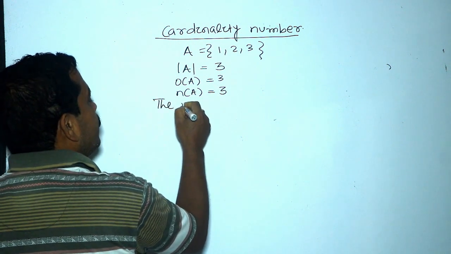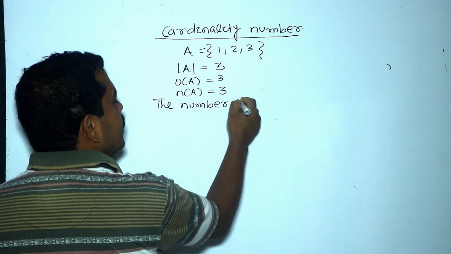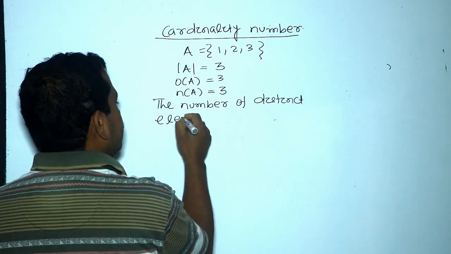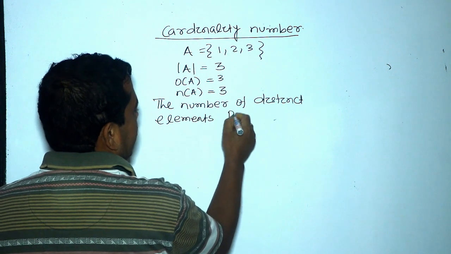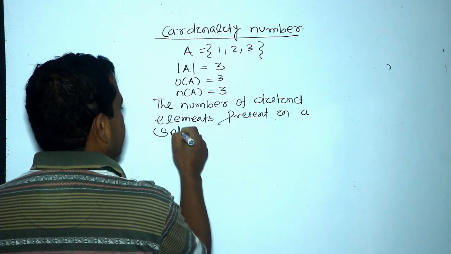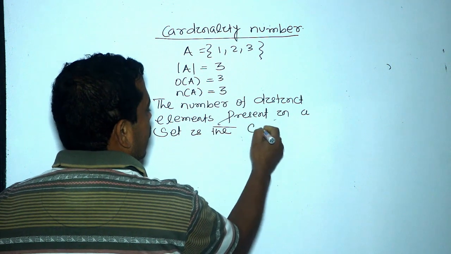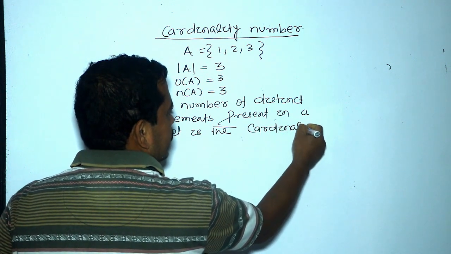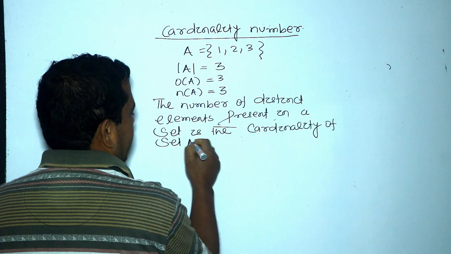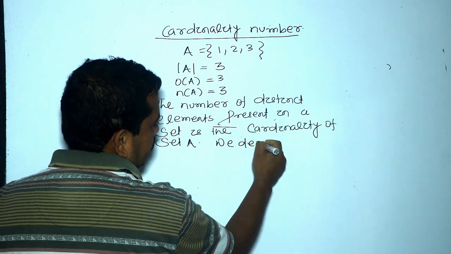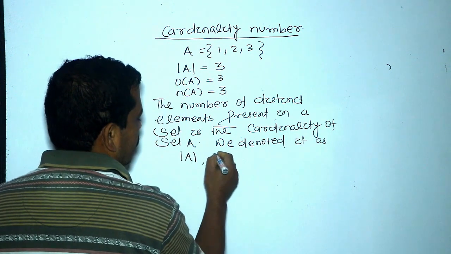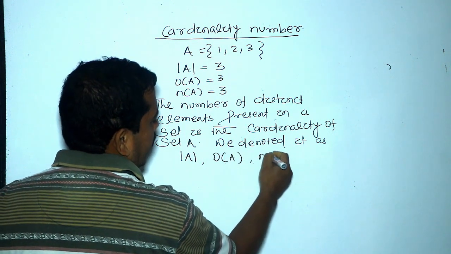The number of distinct elements present in a set is the cardinality of set A. We denote it as |A| or order of A or n(A).